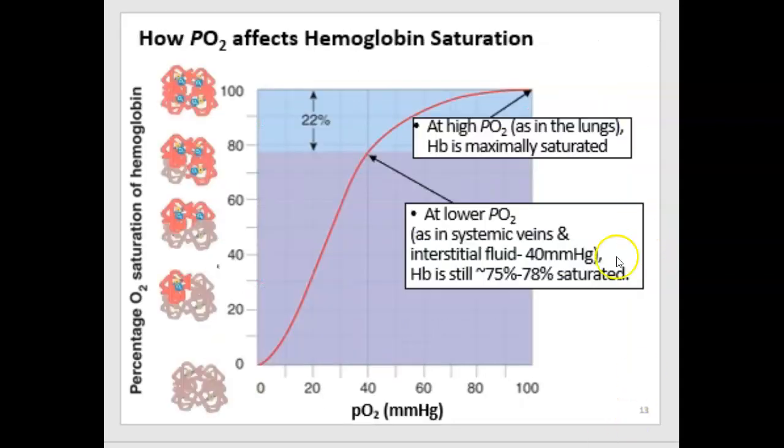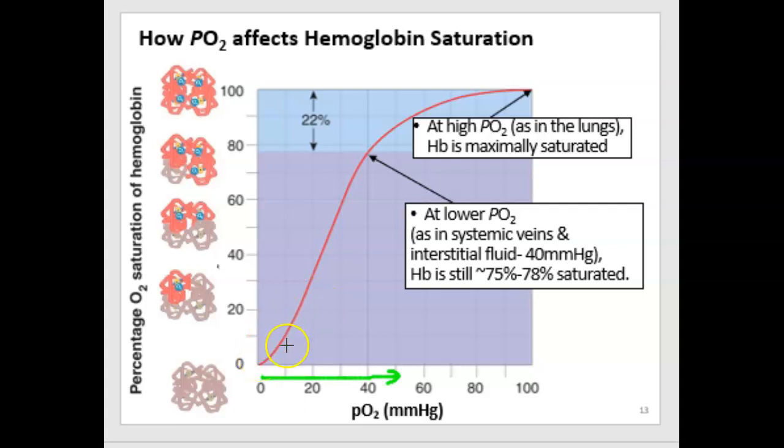So I think it makes sense. There are two main points that this curve should point out to you. The first one is obvious: as PO2 increases, so oxygen concentration goes up, then hemoglobin becomes more saturated.